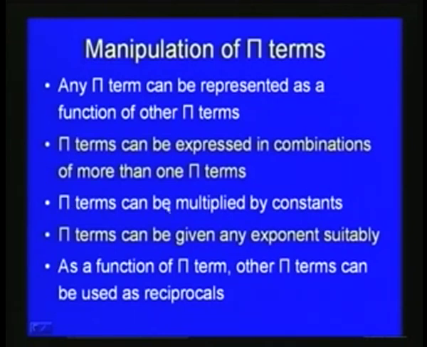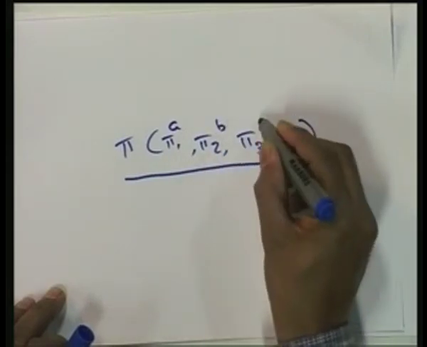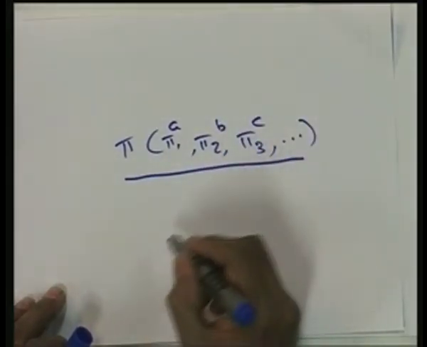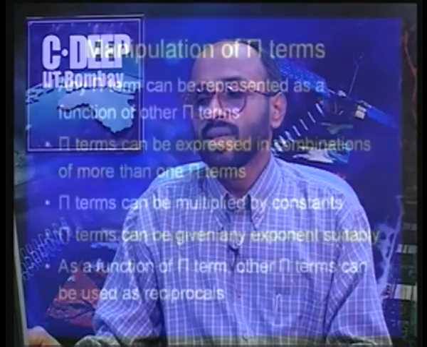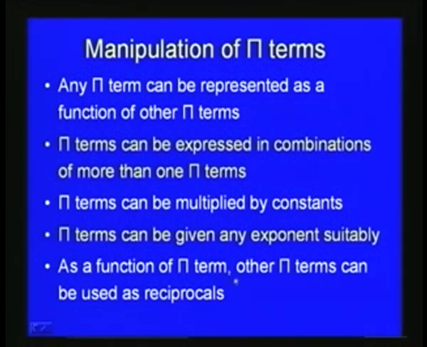Then the third point is pi terms can be multiplied by constants. So we can represent each pi term by multiplying by another constant term. And then the next point, pi terms can be given any exponent suitably. When we represent the pi terms, we can put exponents A, B, C, or multiply by a constant, and as a function of other pi terms, pi terms can be used as reciprocals also.